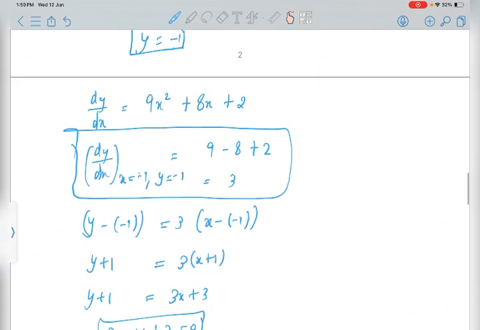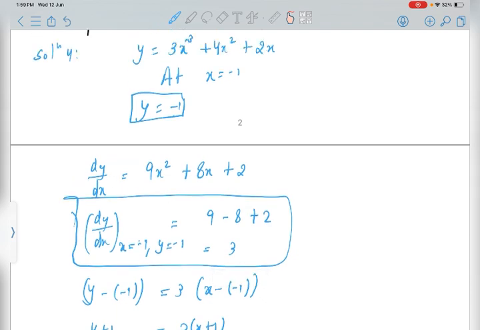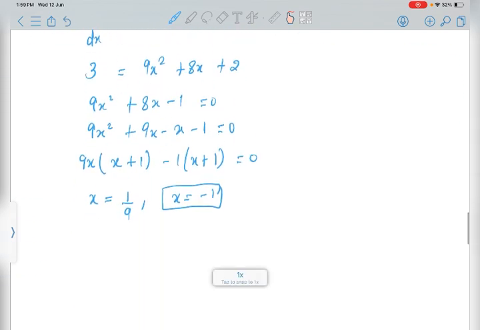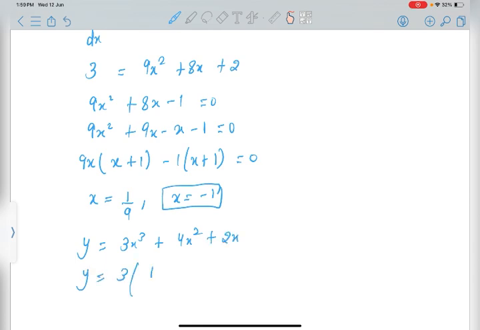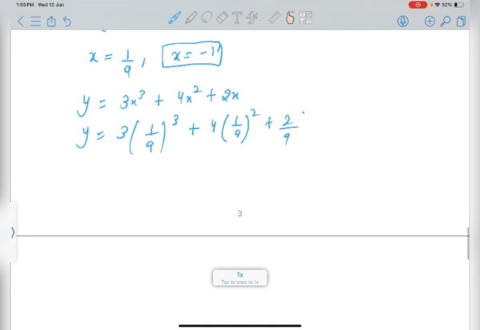If x equals 1 by 9, we have to find the y coordinate. Okay, y equals 3x cube plus 4x² plus 2x. And we know the x coordinate, so we can find the y coordinate as well. So 9 cube is 729, but when we divide 729 by 3, it will give 243.